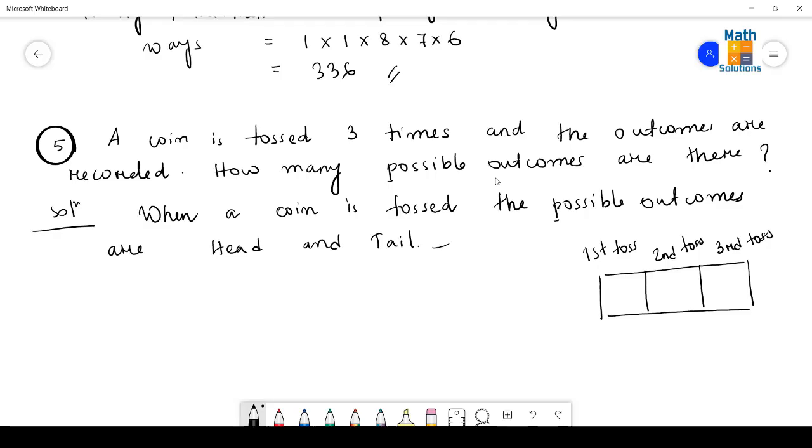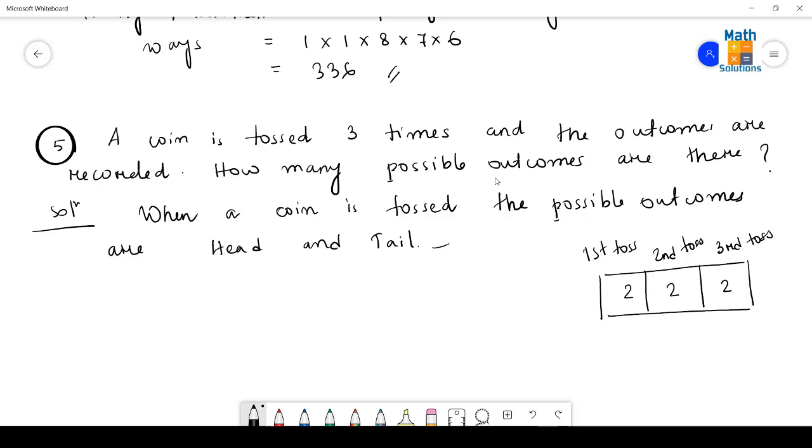When we toss a coin, the possible outcomes are head and tail, so 2 options are there. Again, the second time when we toss it, there are possibilities of getting head and tail. Similarly, when we toss it for the third time, either head or tail. So we have to consider both, because head and tail both could be the outcomes.